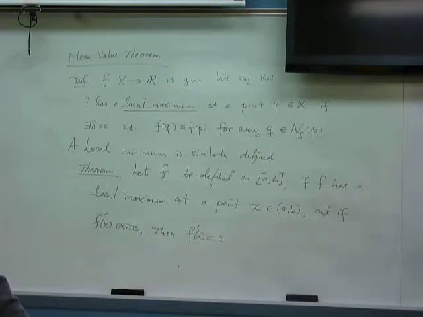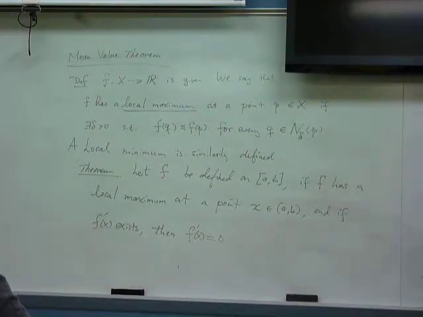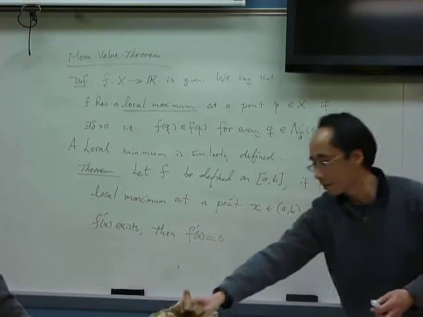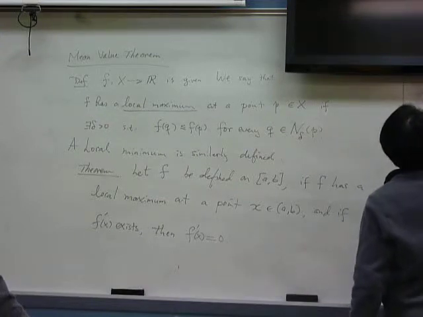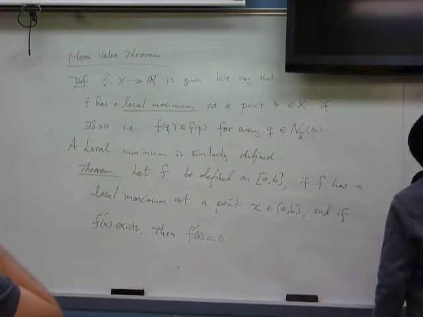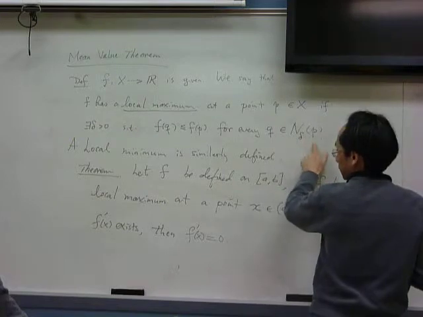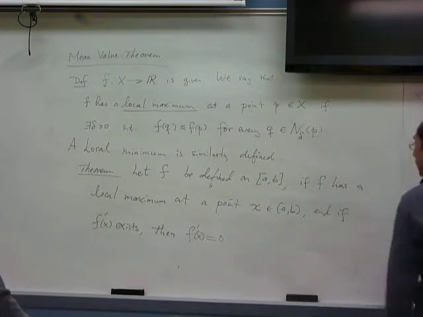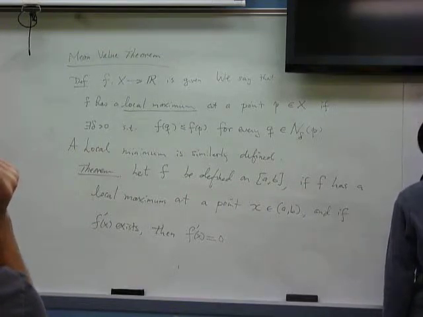Algebraically, this is straightforward. For t near x, for any t in this neighborhood of x, we consider the quotient f of t minus f of x over t minus x.